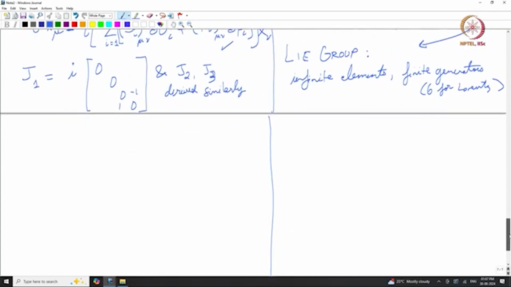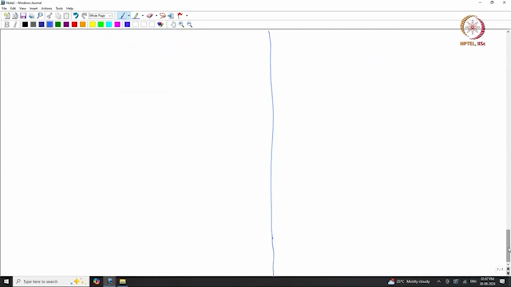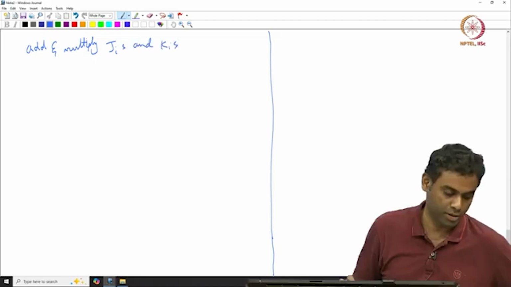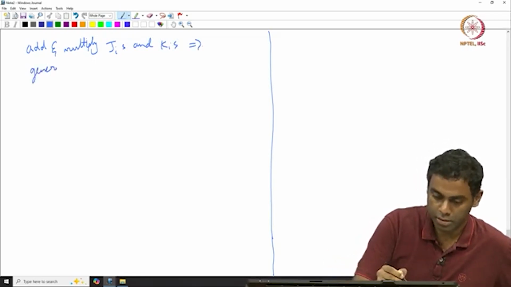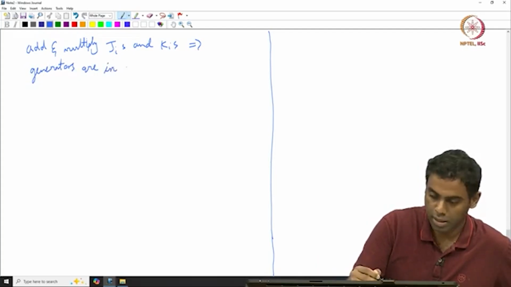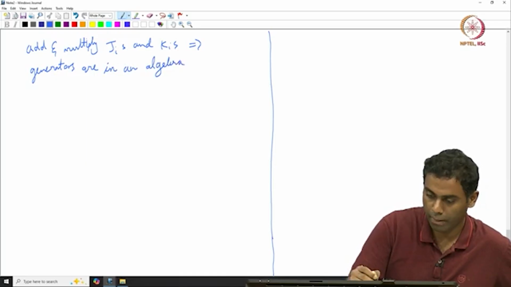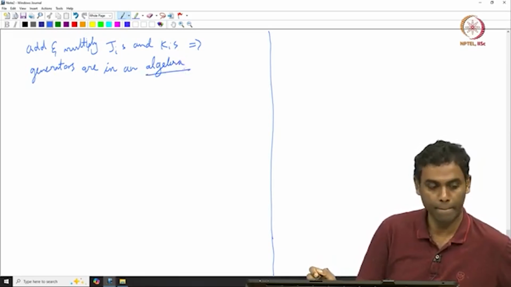But notice that you can actually add and multiply the Ji's and the Ki's, correct? In other words, the generators are not in a group really, but they are in an algebra. Agreed?